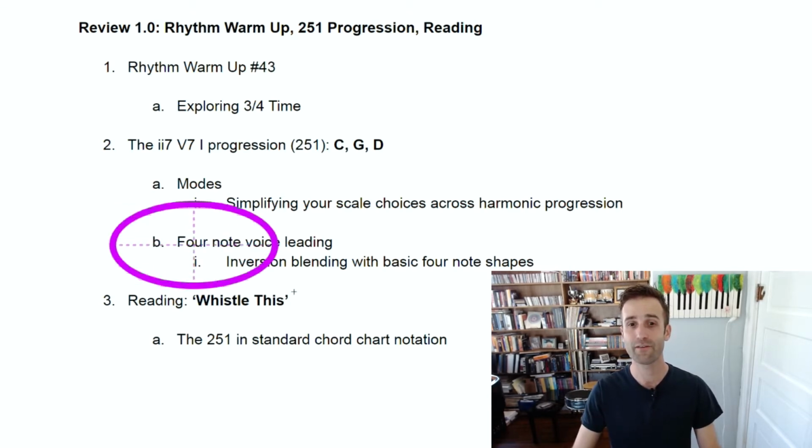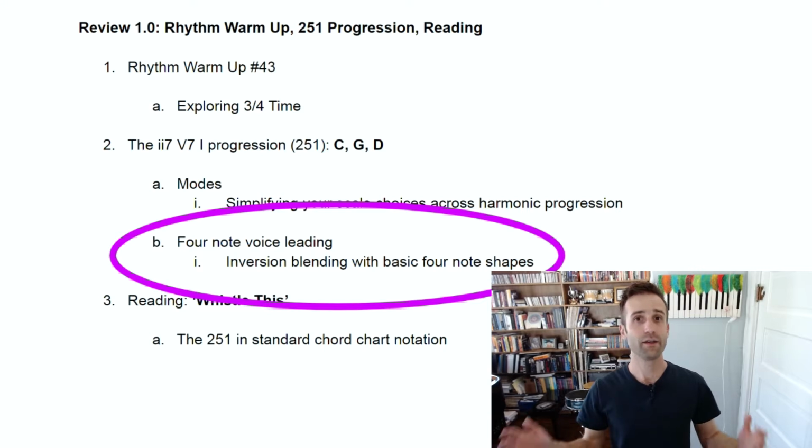And then don't forget that just like when we did inversion blending with 3-note chords, because the 2, the 5, and the 1 chord are adjacent to each other on the circle of fifths, that inversion blending is going to be very easy to do with these chords, which is another reason why they are such a popular progression.